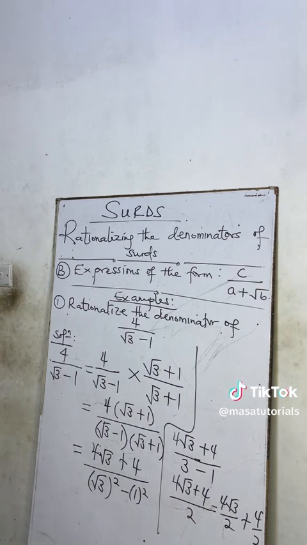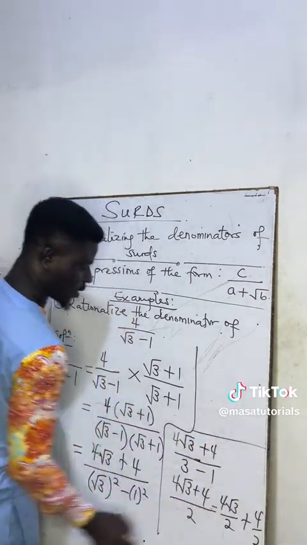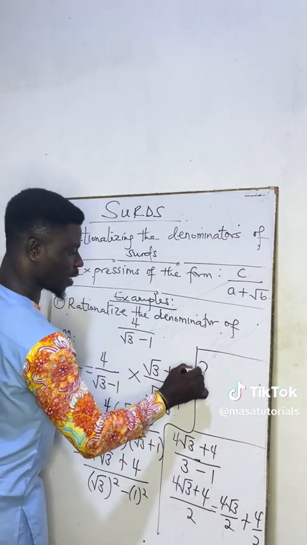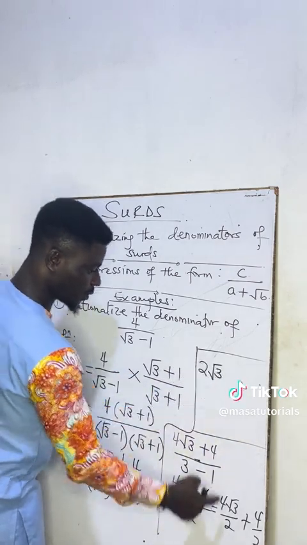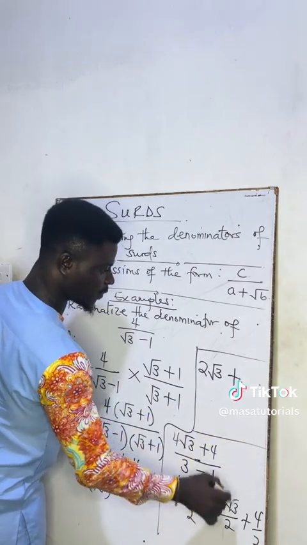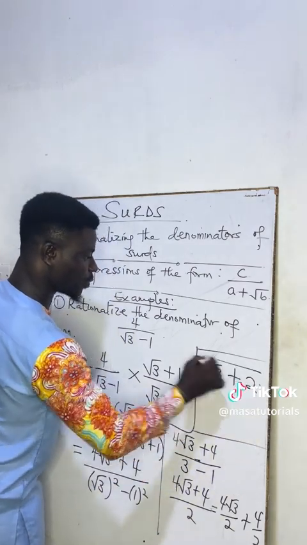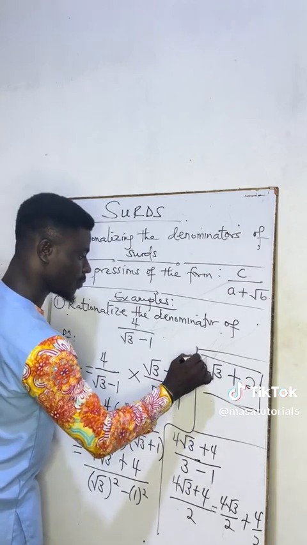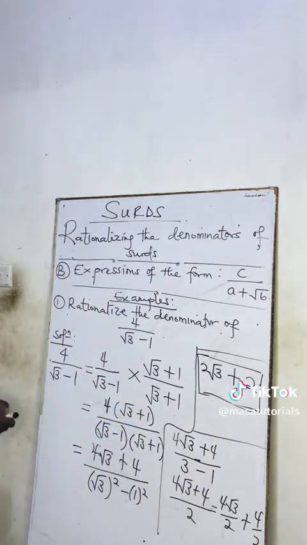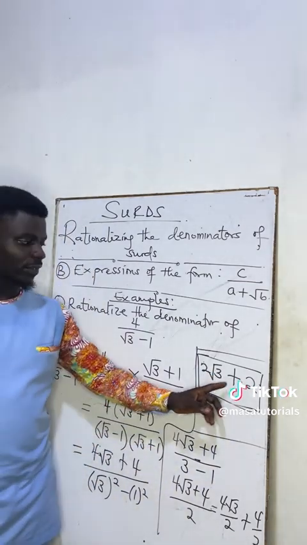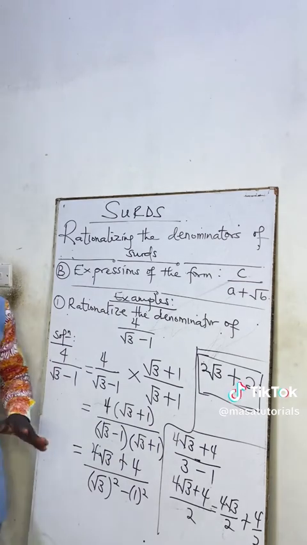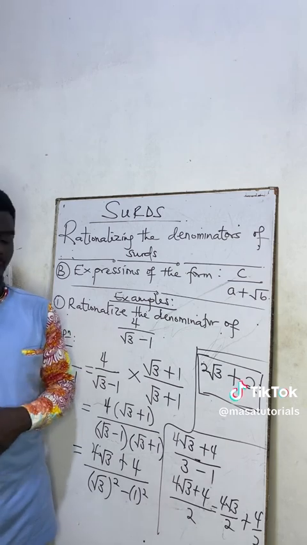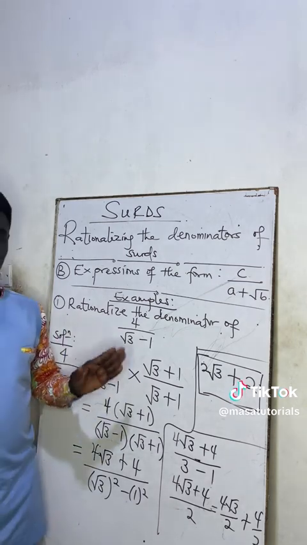So our final answer: 4 divided by 2 is 2, so 2 square root of 3, then plus 4 divided by 2 is 2. So we get 2 square root of 3 plus 2. Very, very simple. So we need to understand the conjugate surds, then you'll be able to do this.